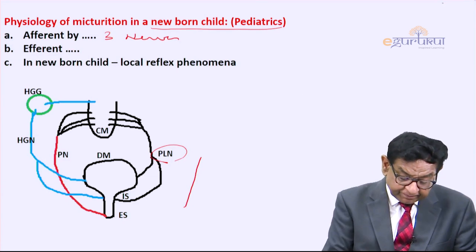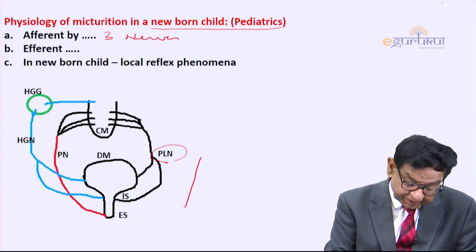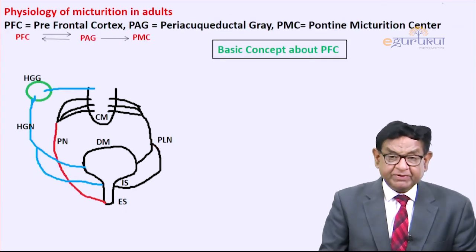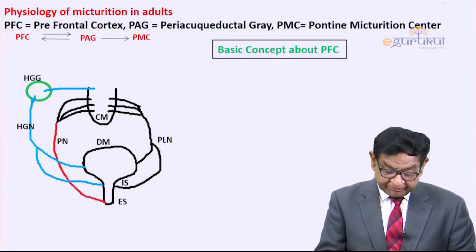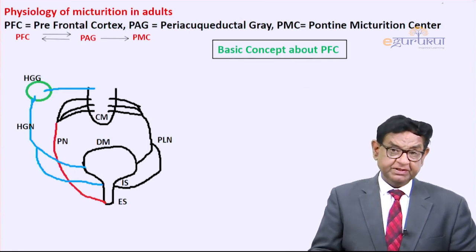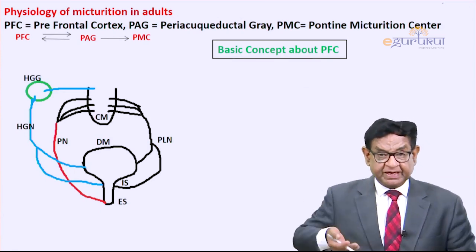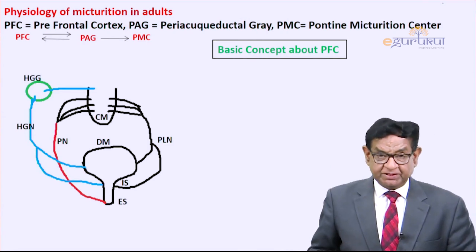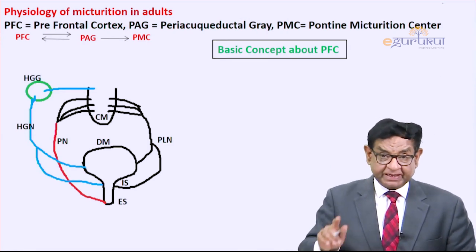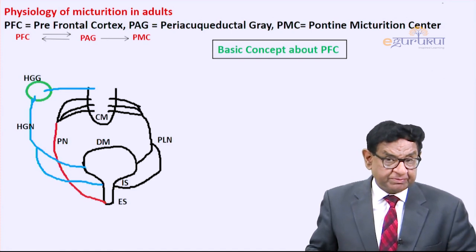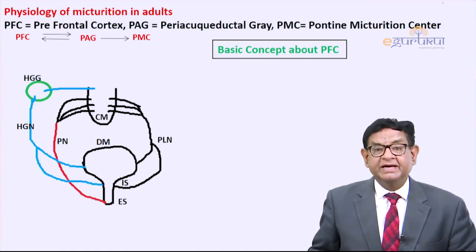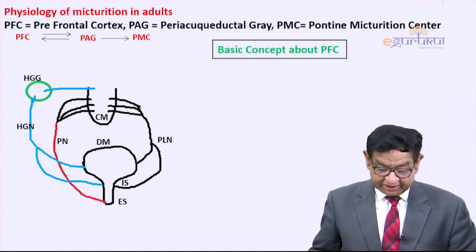But efferent comes mainly via the pelvic nerve. That means the pelvic nerve gets stimulated and will contract the detrusor muscle and the urine will come out. So to summarize, afferent is by all three nerves, but in these three also, the main role is played by the pelvic nerve, and efferent is mainly by the pelvic nerve.